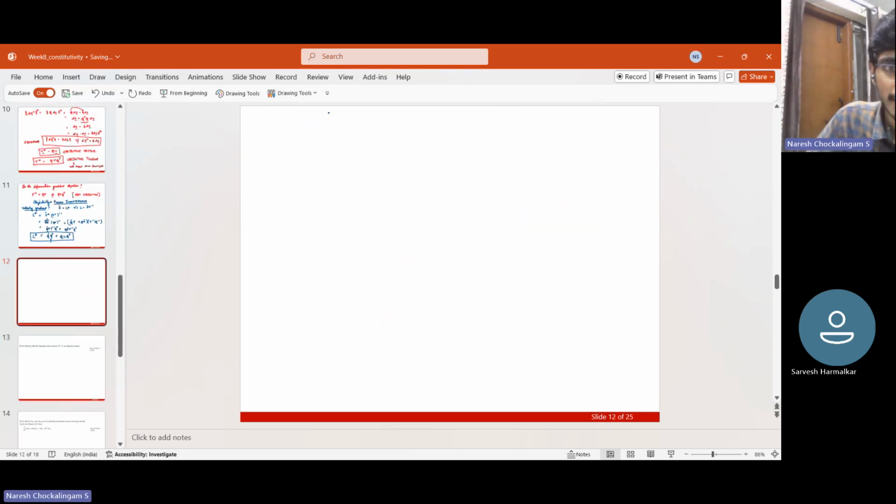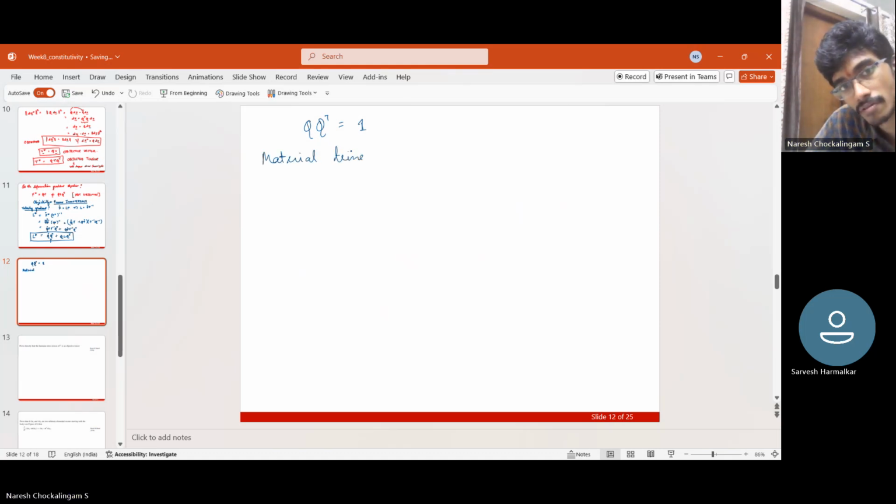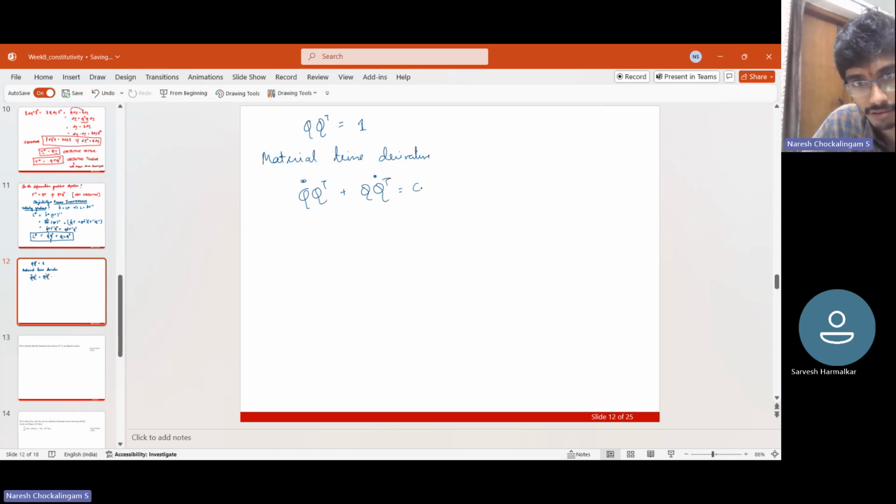So if you look at the relationship Q Q transpose is equal to identity, now take the material time derivative on both sides. We get Q dot Q transpose plus Q Q transpose dot is equal to 0. This is a constant tensor, which means Q dot Q transpose is equal to minus Q Q dot transpose. So what is this actually?